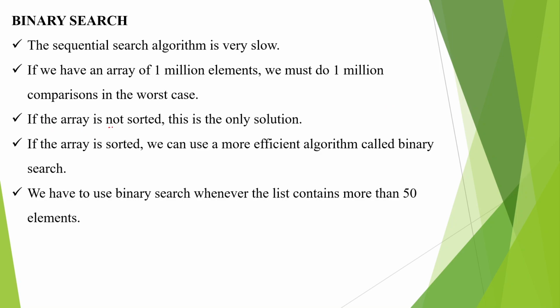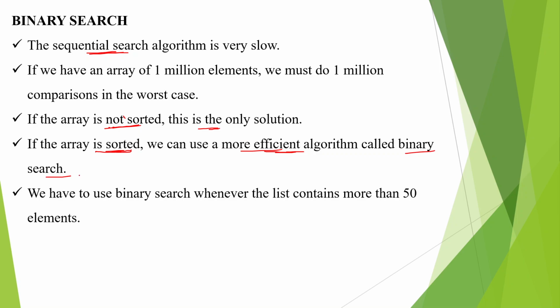So when they are saying these three statements, they are talking about linear sequential search only. But if the array is sorted, we have an ordered array, we can use a more efficient algorithm, that is binary search. Here you can see that is our binary search.